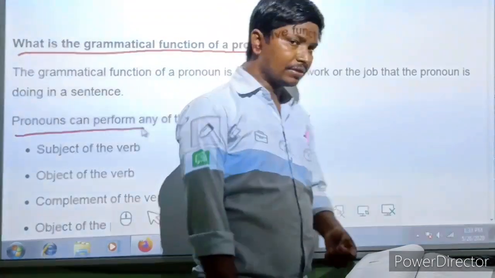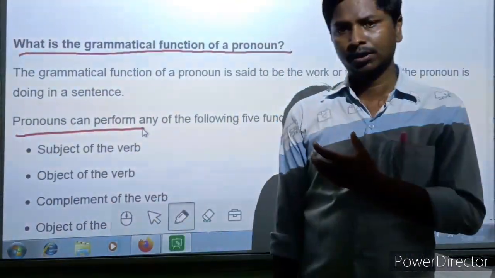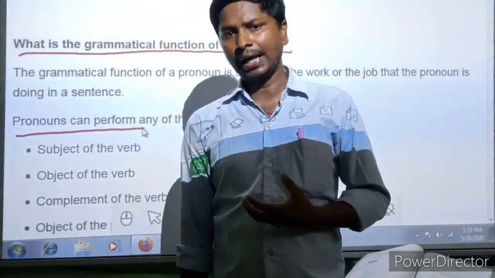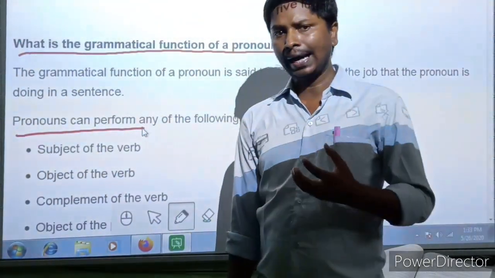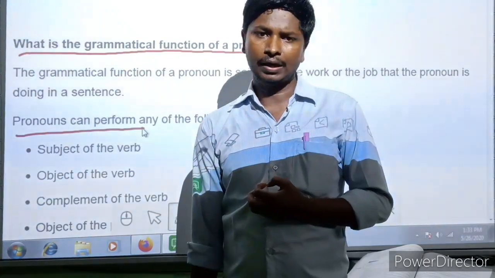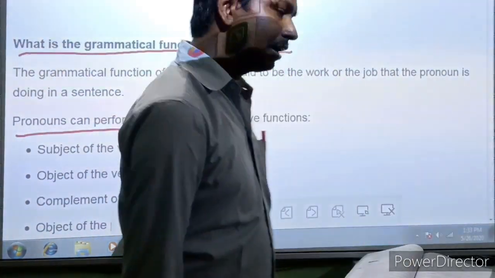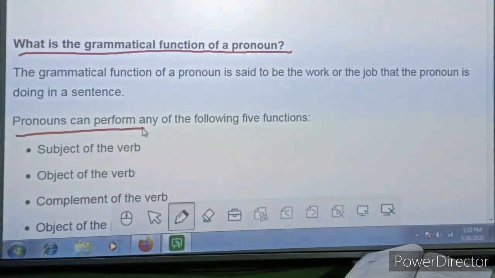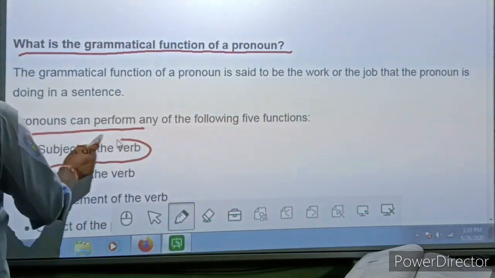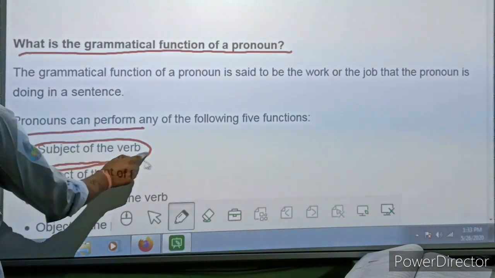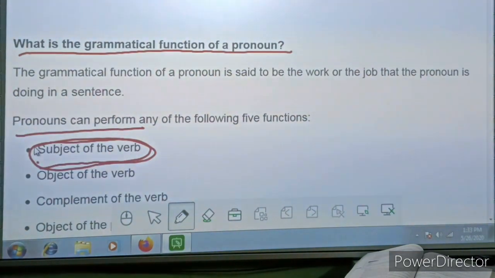It functions like a subject of the sentence, like an object of the sentence, like an object of the preposition, like an object of the verb in different types of sentences. You can see on the board that a pronoun is used as the subject of the verb.